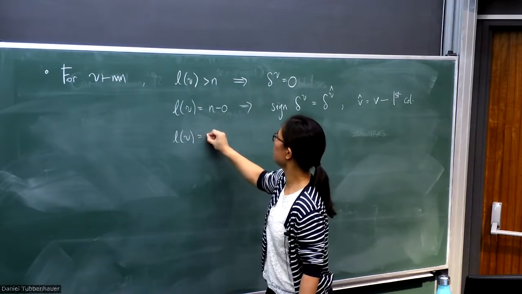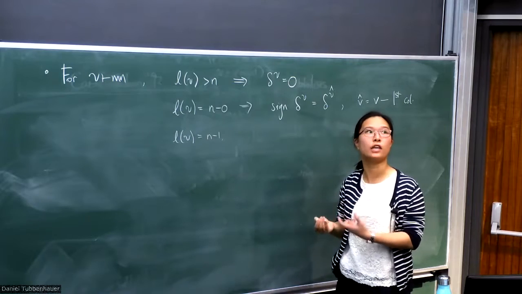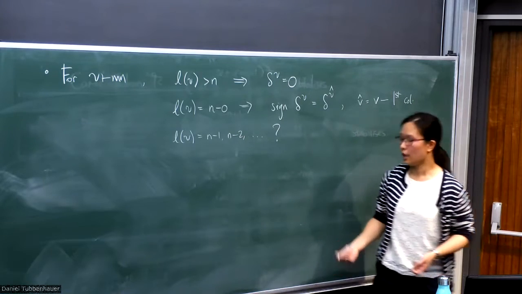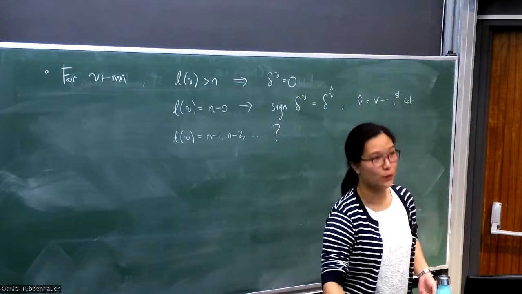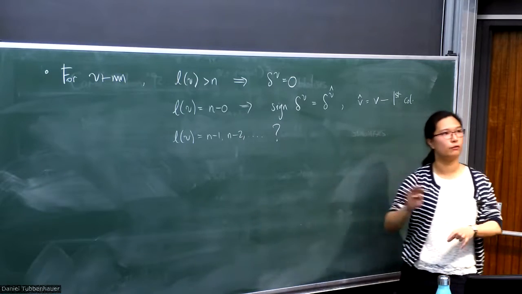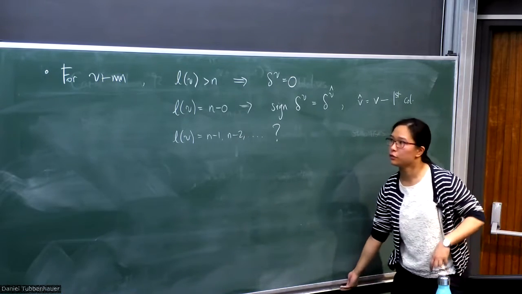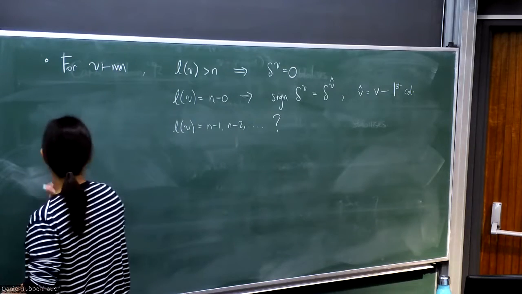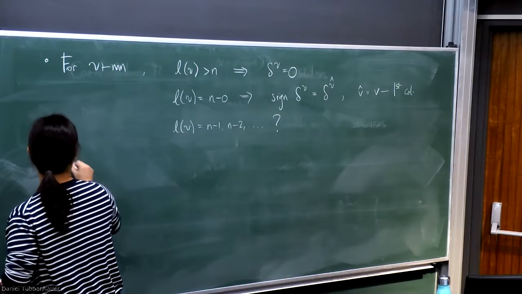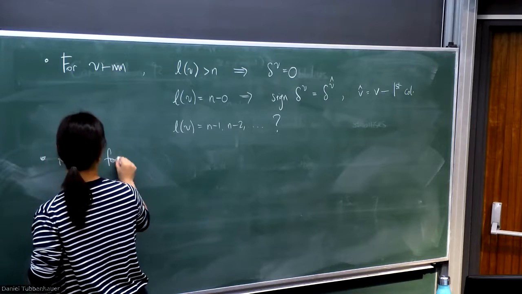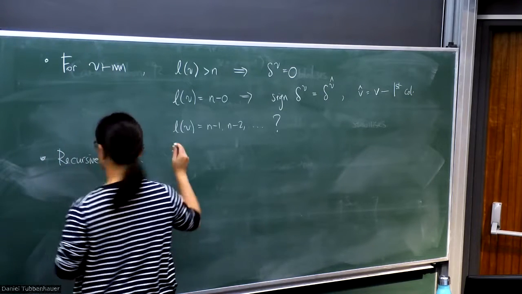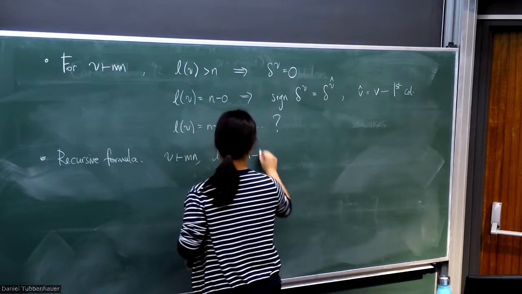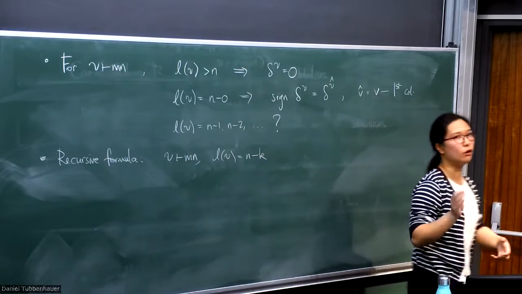So what's next is what if we have even fewer parts? N minus 1, n minus 2, and so on. Having said that, I'm not going to show you the full recursive formula, to avoid introducing too much notation, but informally, in a nutshell, here is what the recursive formula says. So, nu is a partition of mn, and we'll assume that it has exactly n minus k parts for some non-negative k.